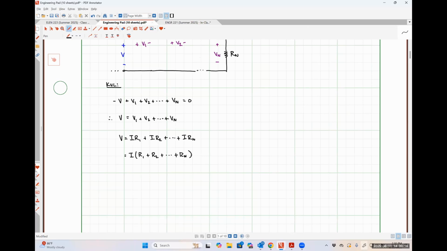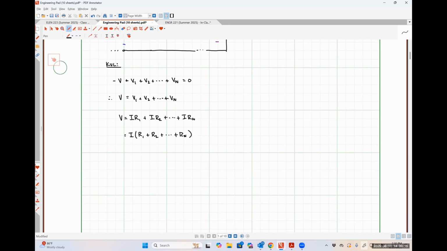So from here, I'm going to define my equivalent resistance, Req, as just the ratio of the voltage drop across the terminals of my network divided by the current flowing into the terminals of my network, which is exactly how resistance was defined in the beginning of our last class meeting.